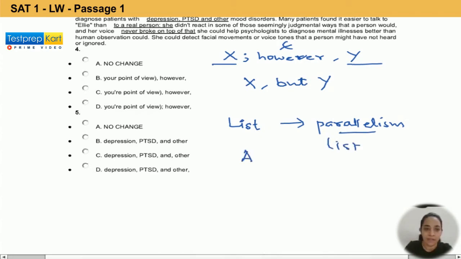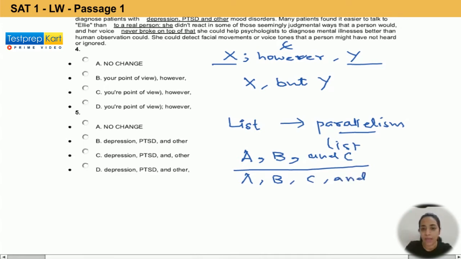A perfect list. Here we see 3 items. So A, comma B, comma and C. This is the structure. If we have 4 items, A, comma B, comma C, and D. Note that this comma which is coming before and is not optional. This is mandatory. You have to have it. When can we skip this comma? When we were talking about 2 things like A and B, then it's fine. Then we don't need a comma.